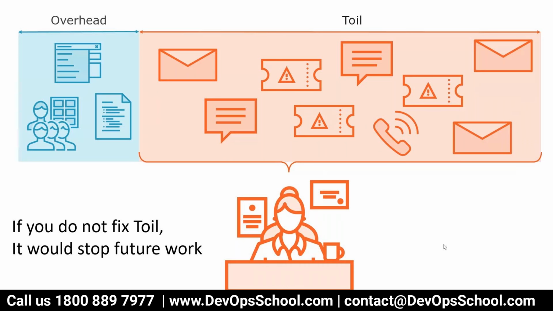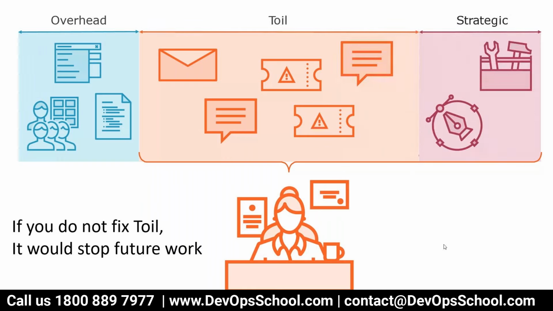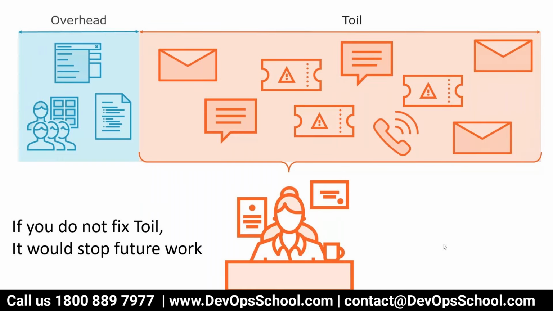This is where organizational growth is stopped, because if you do not regulate the toils, it will compromise your strategic work, and then you will be in a cycle where you cannot do anything more. So if you do not fix toil, it would stop future work, and that is not good for any organization.